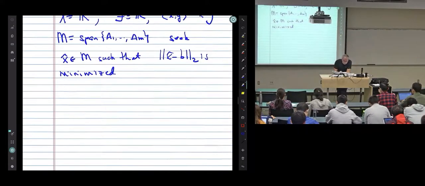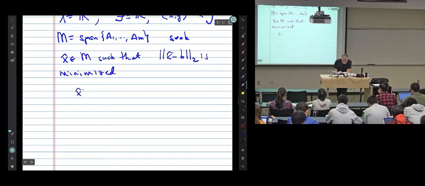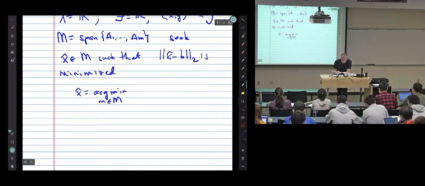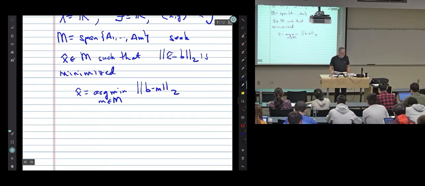So X hat is argmin over m an element of M of the norm of B minus m.